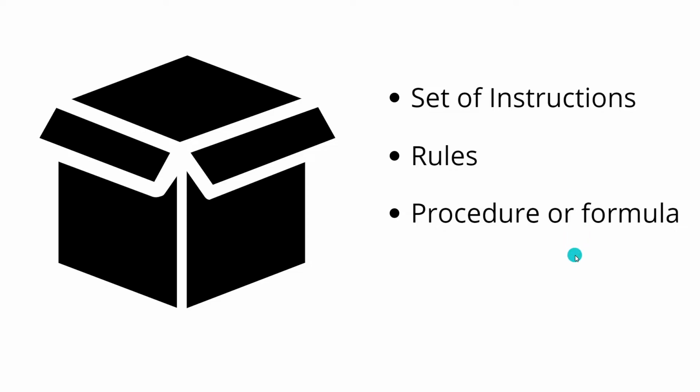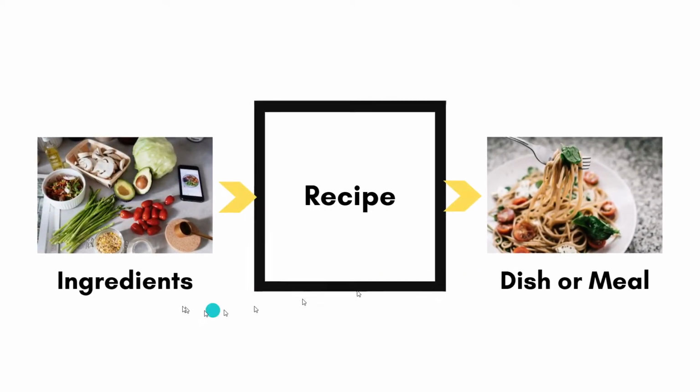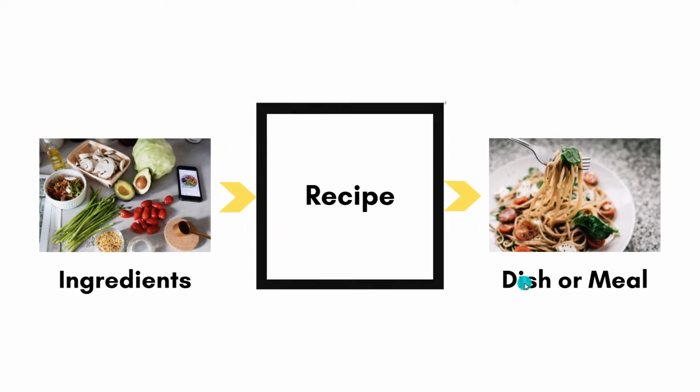Now let's see the most commonly used example for explaining algorithms. Here, the ingredients are converted to a dish or a meal by following a recipe. We have been cooking, or sometimes we might have seen somebody cook, and they collect some ingredients and follow some pattern, a set of rules, to make a dish out of it, right?